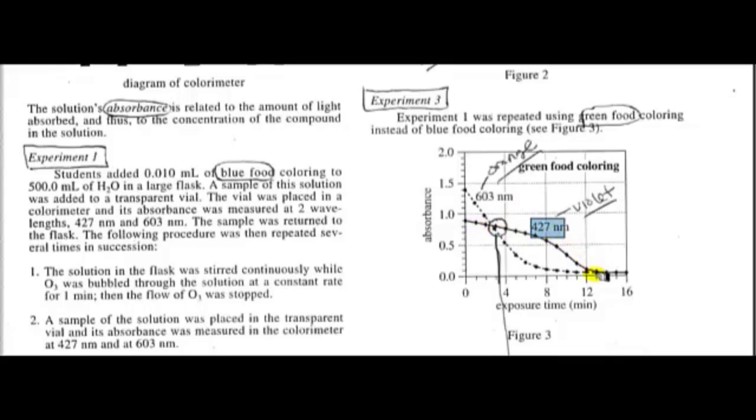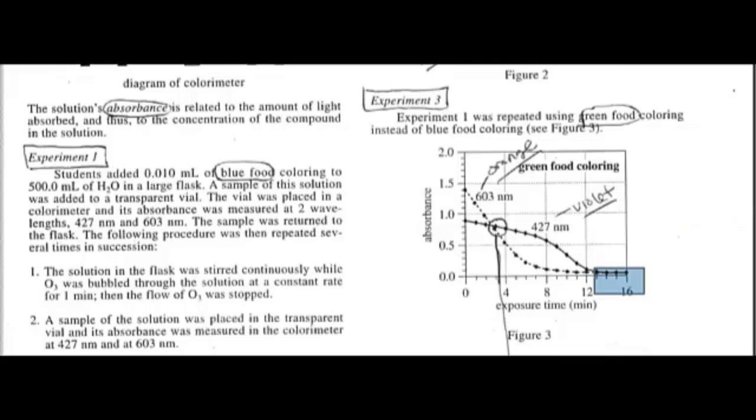We want to find where the lines are closest to each other, and we see the line is closest right here. Also, we see the line closest right here at 12 to 16, or at about 3 minutes. 3 minutes or 13 minutes.